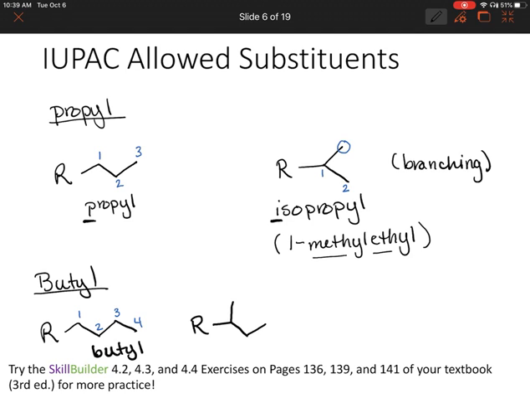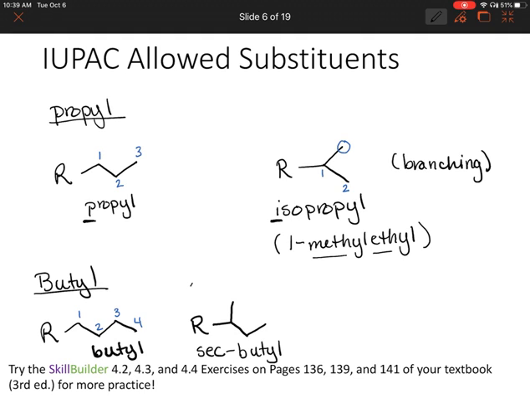So maybe it looks like that. We would actually call this sec-butyl. So that indicates that you have a methyl group at carbon 1.